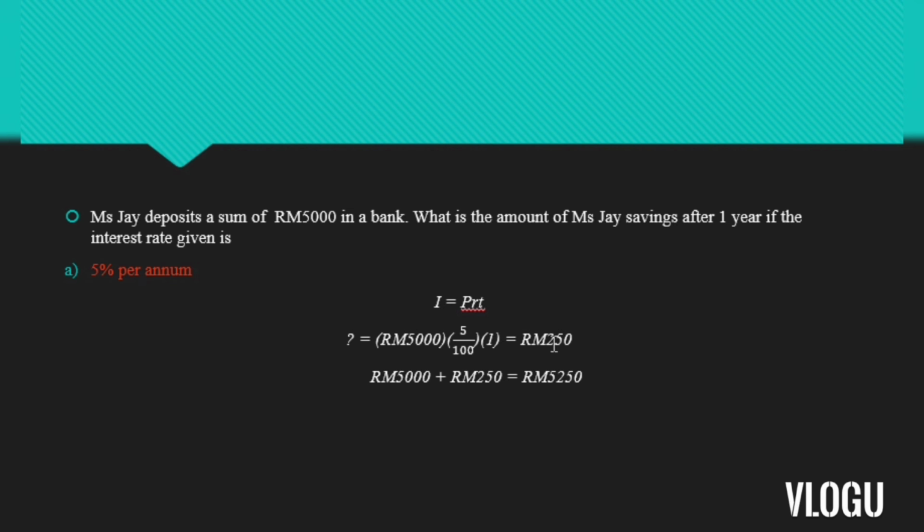So we will get 250 for the interest. After that, we need to calculate 5,000 plus 250, so we will get 5,250 ringgit.